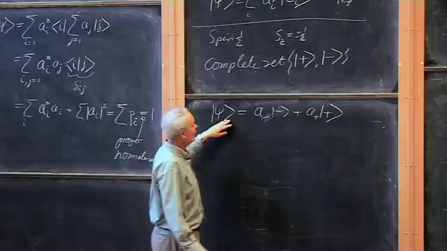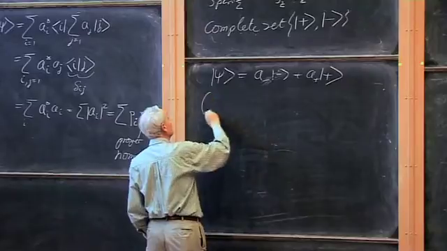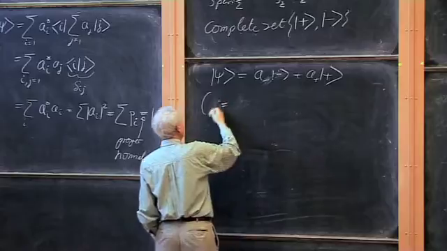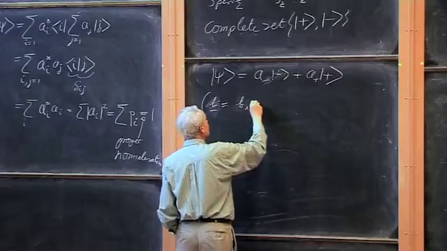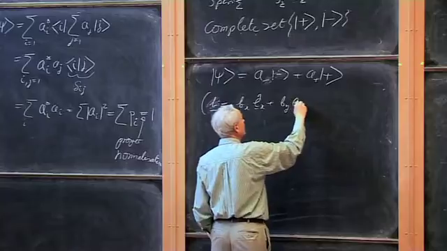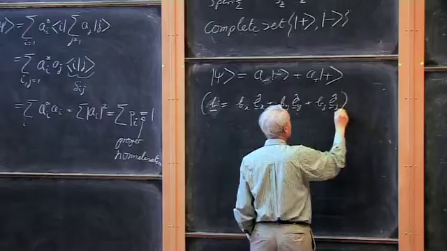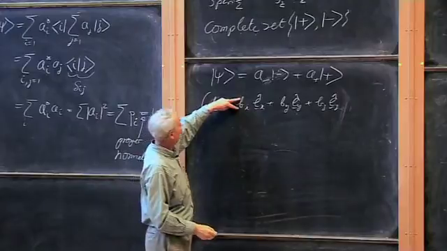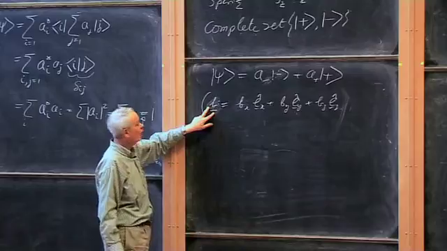In just the same way, in ordinary vectors I might write that the vector B is equal to Bx Ex plus By Ey plus Bz Ez, where here I've got three real numbers, Bx, By, and Bz, which are the components of B in some particular coordinate system.